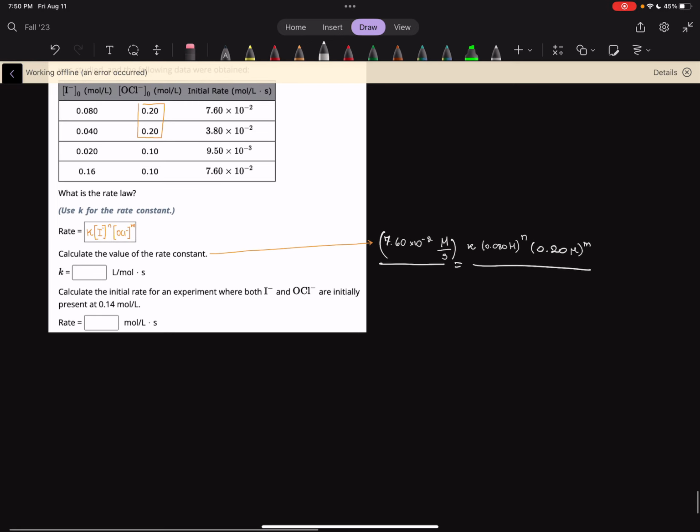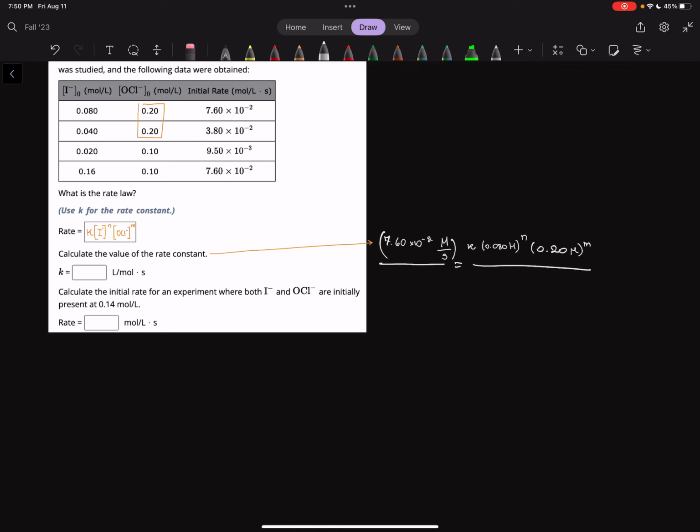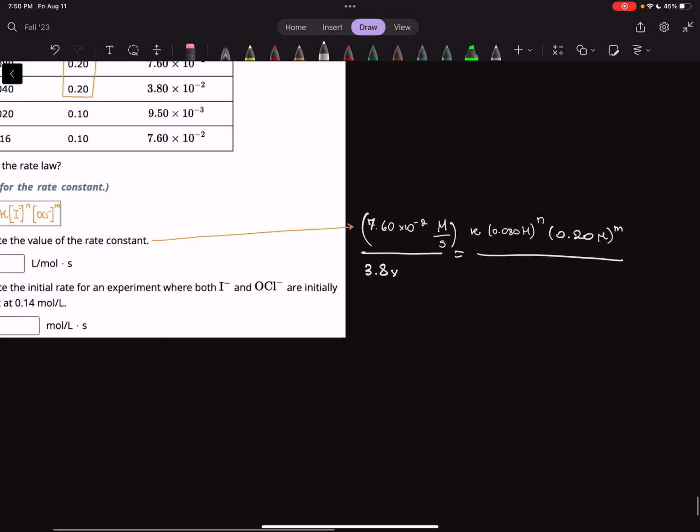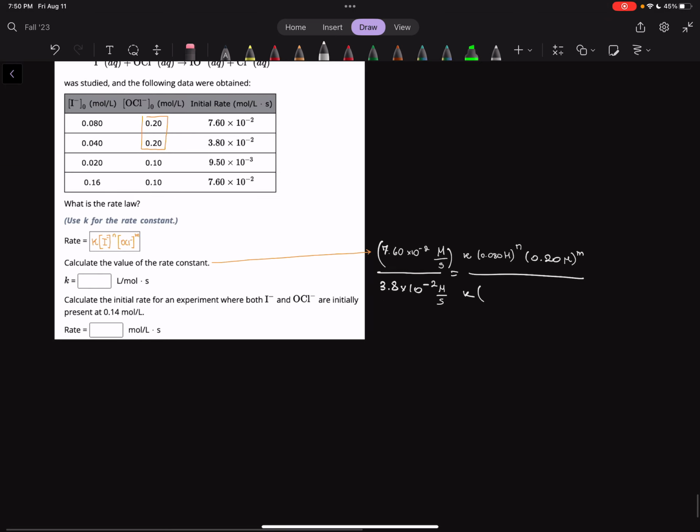And then I'm going to divide by 3.8 times 10 to the negative 2 M over s, molarities over seconds, divided by k. So that's going to give me a way to find 0.040 to the n, and then this stays the same, right?